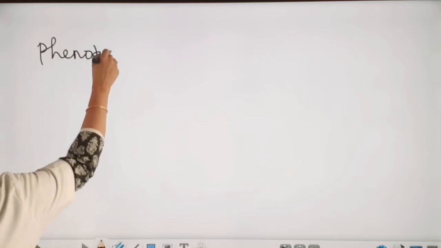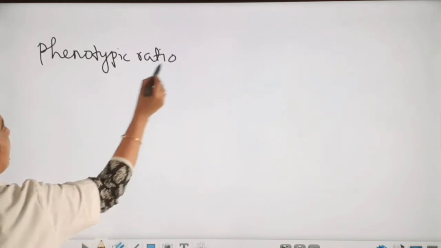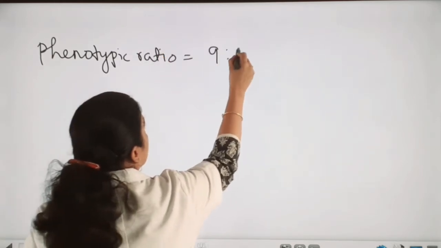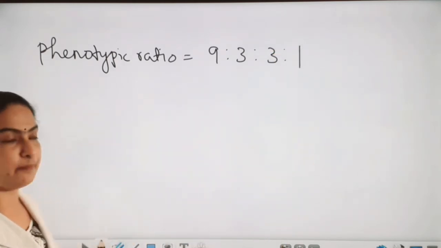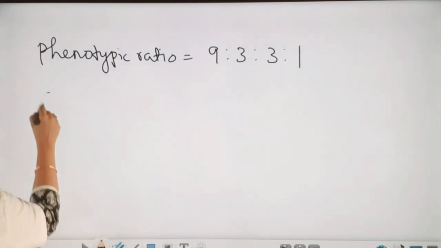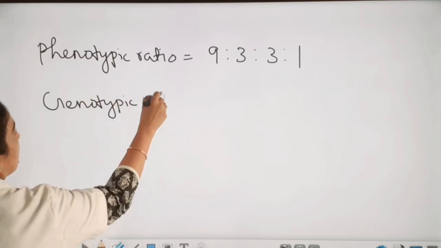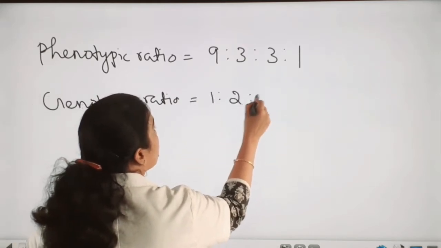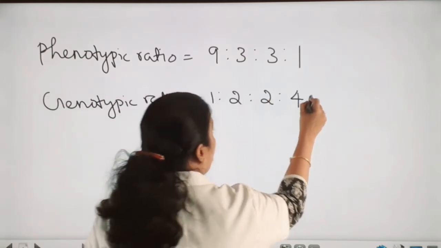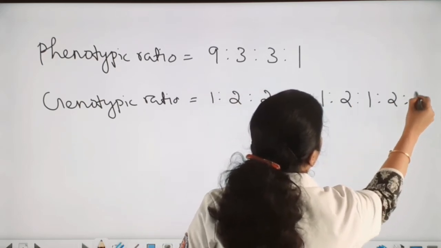So the phenotypic ratio of dihybrid cross is 9:3:3:1. Okay, and now we can see the genotypic ratio of dihybrid cross, that is 1:2:2:2:1:2:1:2:1.